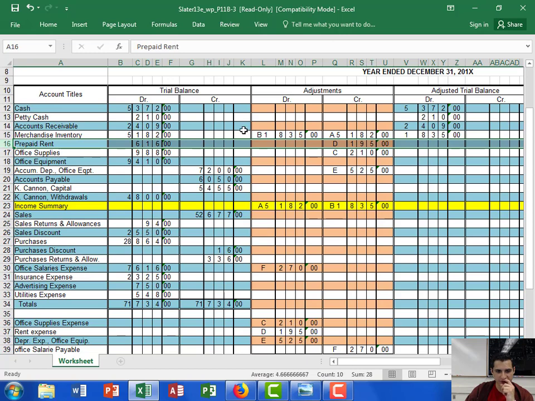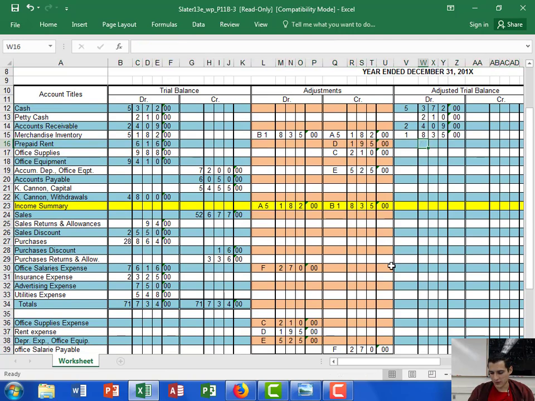And then you just keep continuing on for the rest of the amounts. Prepaid rent, $616 minus $195 will then come out to $421. Continuing on, office supplies, $210 minus the $988, giving you $778.